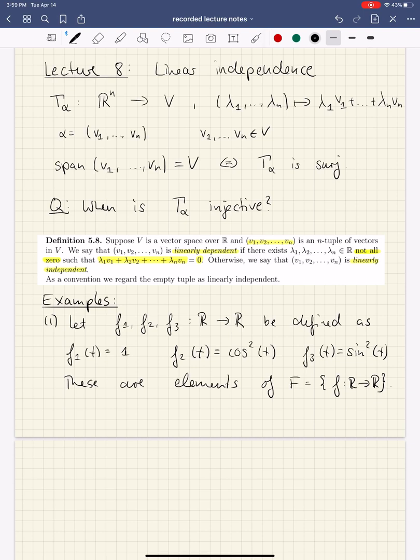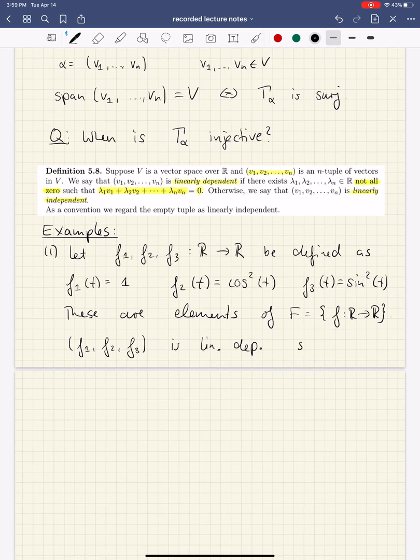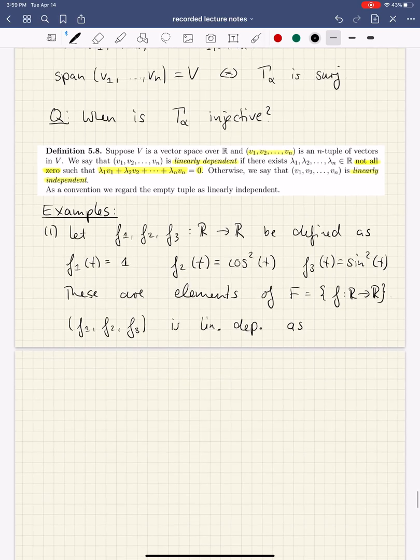And now I claim that f1, f2, f3 is linearly dependent. I often shorten it to this, so lin dep. And why is that? Well, you could see that f2 plus f3, well, this is cosine square of t plus sine square of t.